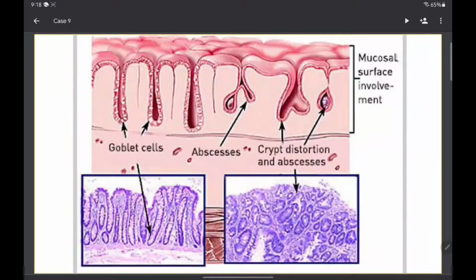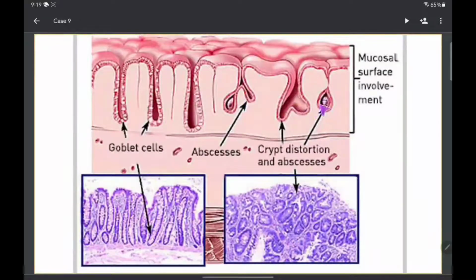Going deeper, the microscopic appearance of Crohn's disease shows abundance of neutrophils, which are most commonly concentrated inside the crypts of the normal layers of the gut wall, and as a result changing these normal crypts into crypt abscesses.